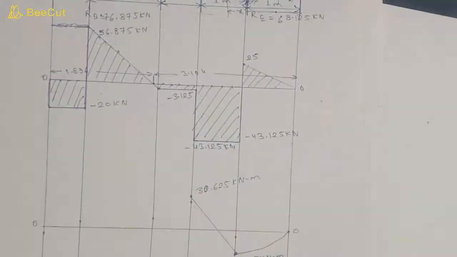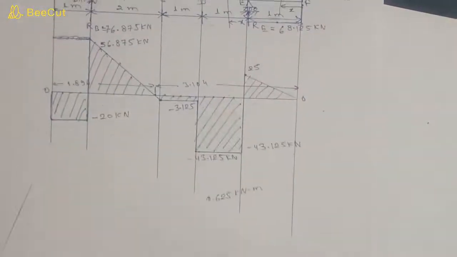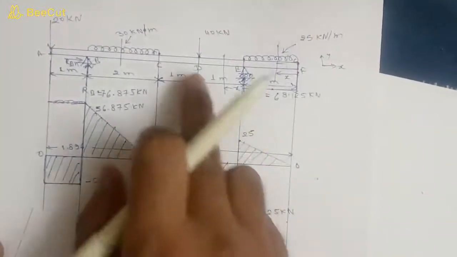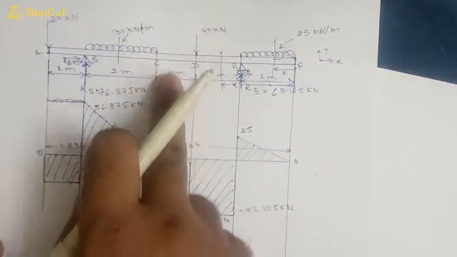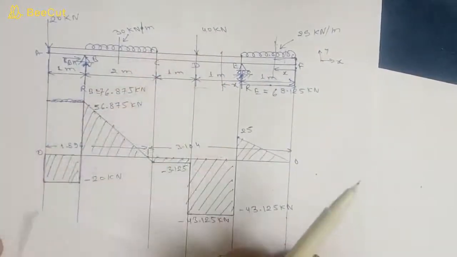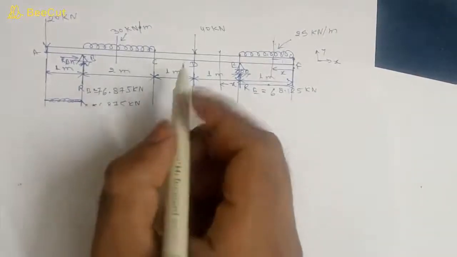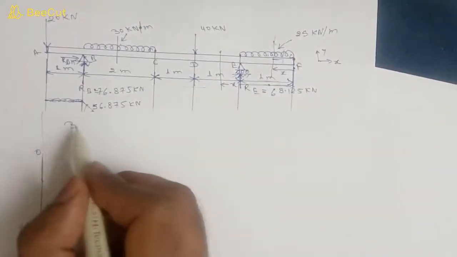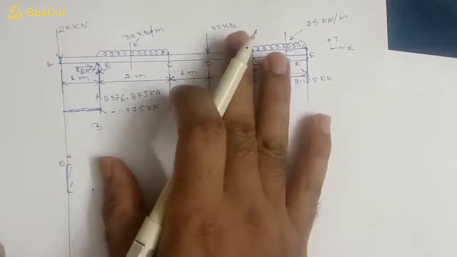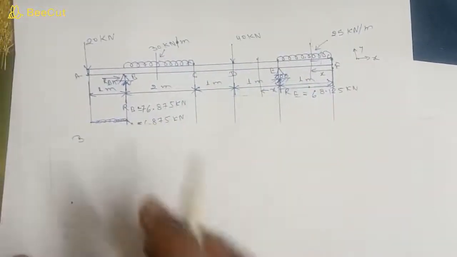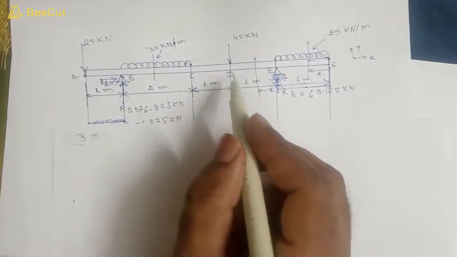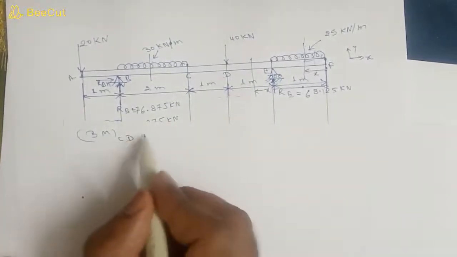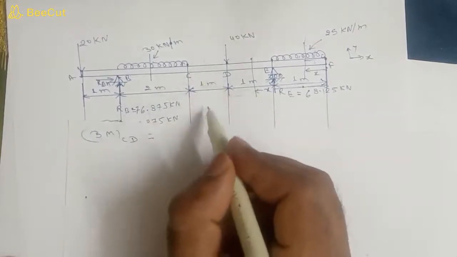Now we will consider another section. In this part, we have to calculate the bending moment in part CD. So we will consider another section in this part. Suppose this is x distance from here.